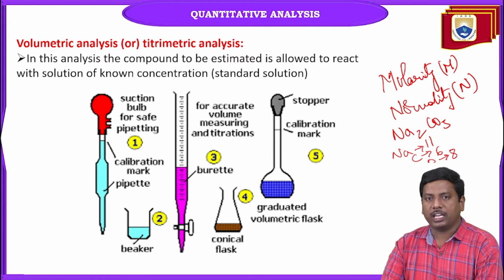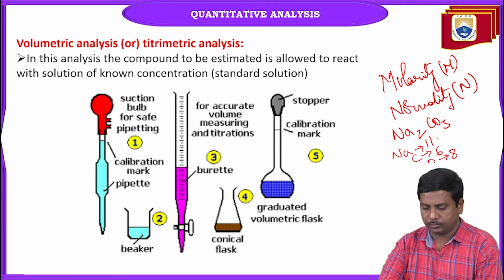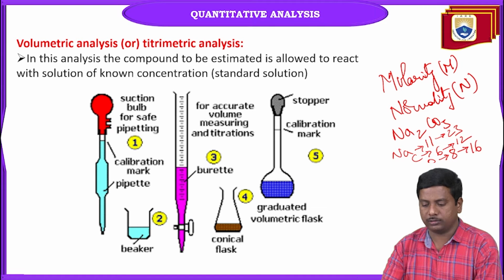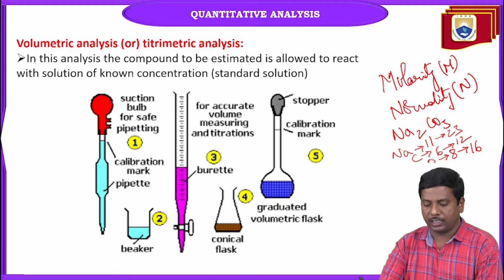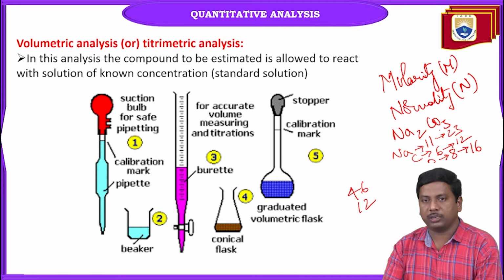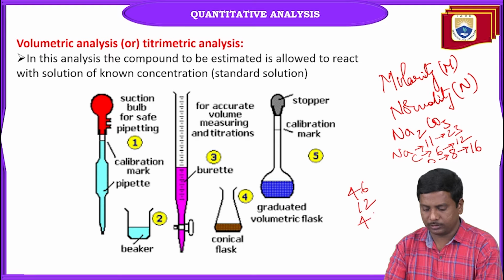Now we see the atomic weights. For sodium it is 23, for carbon 12, and for oxygen 16. Now we calculate the molecular weight of the compound. 2 into 23 is 46. Carbon, 1 carbon is present, so 12, and 3 oxygen, that is 3 into 16, 48.